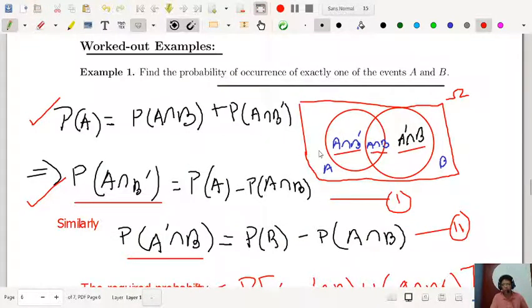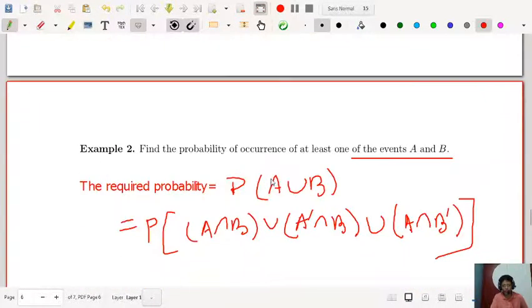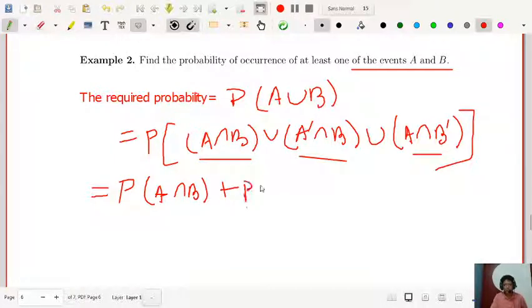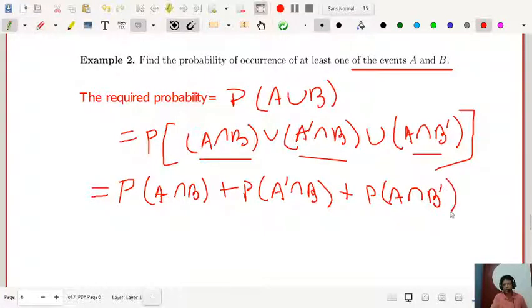Now these events are mutually exclusive: A intersection B, A complement intersection B, and A intersection B complement. So we can write probability of A intersection B plus probability of A complement intersection B plus probability of A intersection B complement, okay?